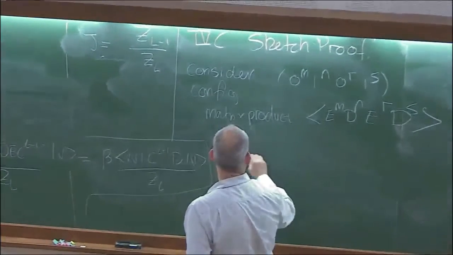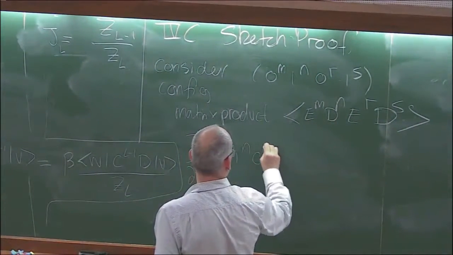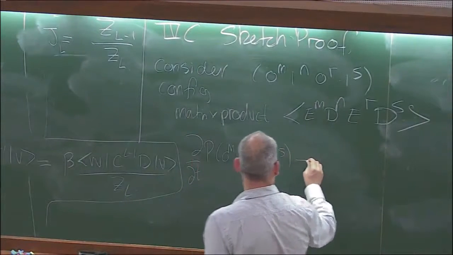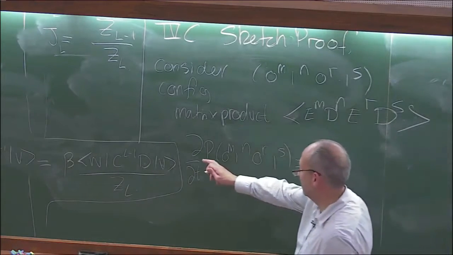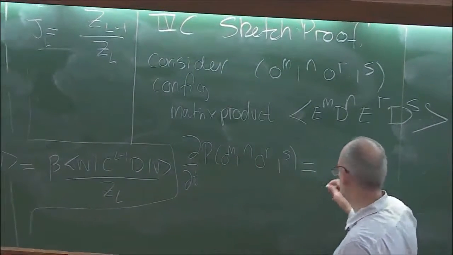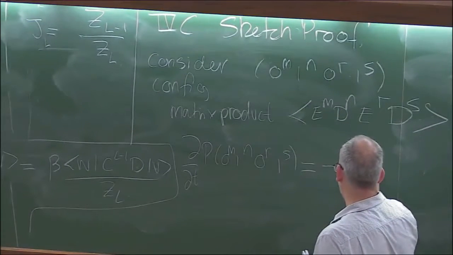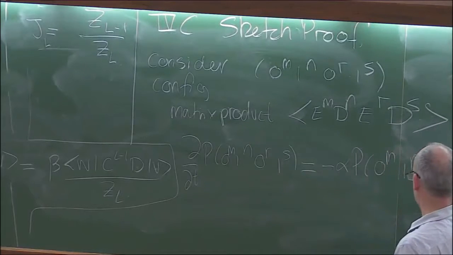Okay, so the master equation for this kind of configuration becomes the probability of this, 0 to the m, 1 to the n, 0 to the r, 1 to the s. I'm going to have a number of terms here. A particle can enter with rate alpha, so I leave that configuration with minus alpha P(0^m 1^n 0^r 1^s).